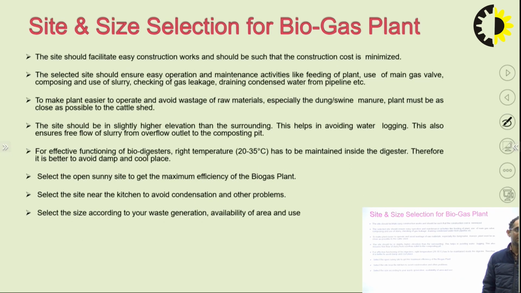Next, the site should facilitate easy construction. Site selection should be taken care of for the biogas plant: the site should facilitate easy construction works and should be such that the construction cost is minimized, and the selected site should ensure easy operation and maintenance activity like feeding of the plant, use of the main gas valve, composting and use of slurry, and checking of gas leakage.